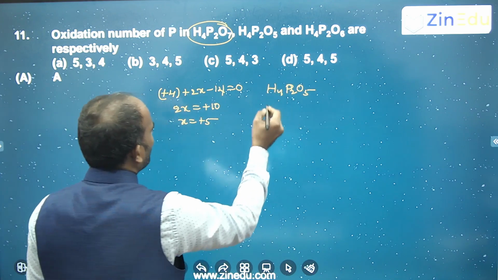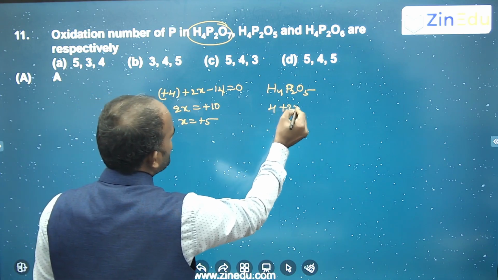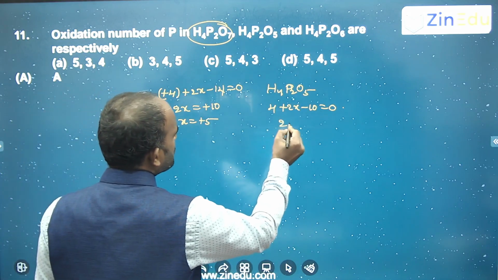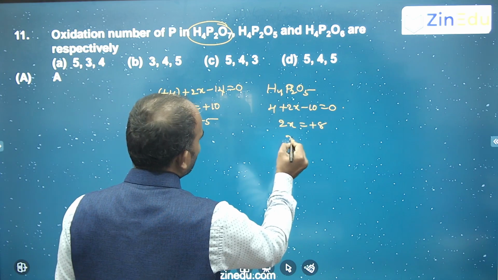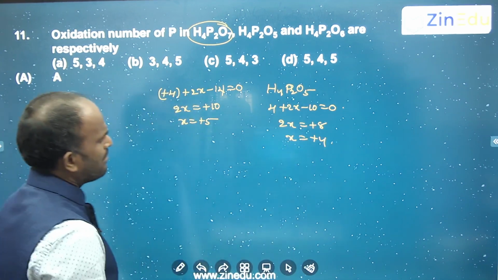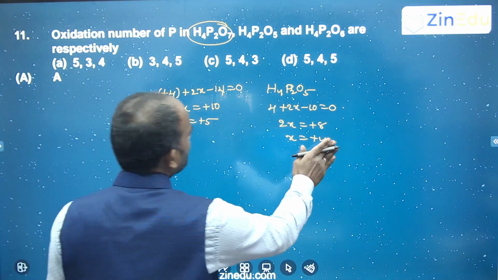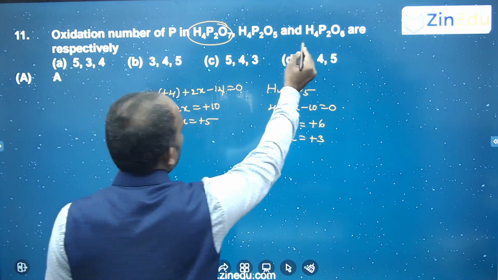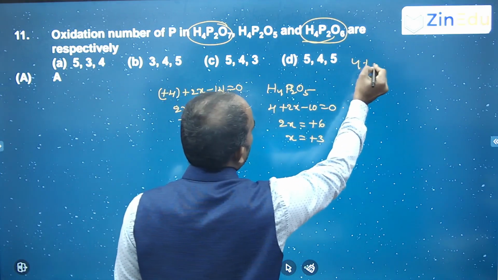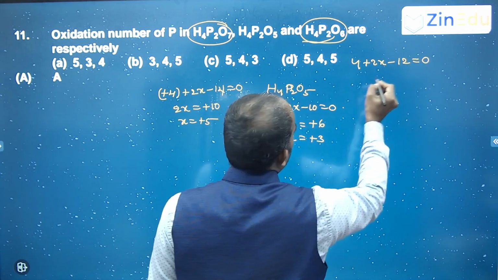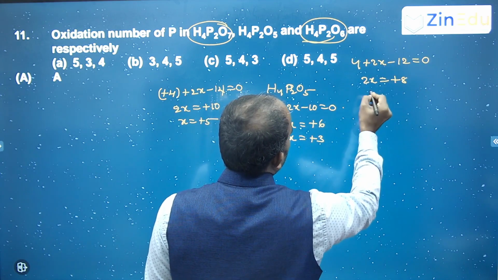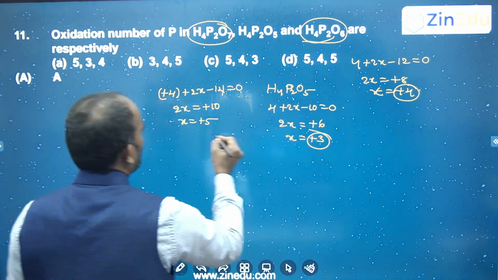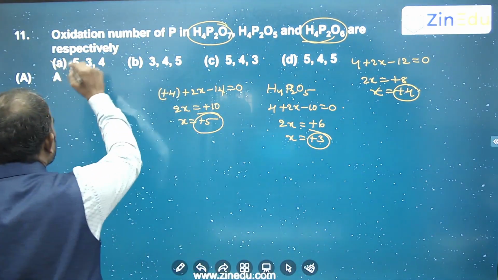For H4P2O5, 4 plus 2x minus 10 is equal to 0, so 2x is equal to plus 6 and x is equal to plus 3. Now H4P2O6: 4 plus 2x minus 12 is equal to 0, 2x is equal to plus 8, x is equal to plus 4. So plus 5, plus 3 as well as plus 4.